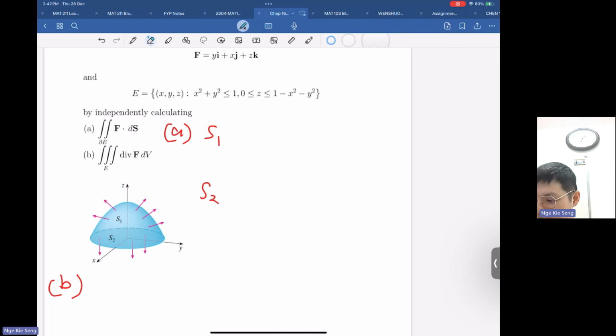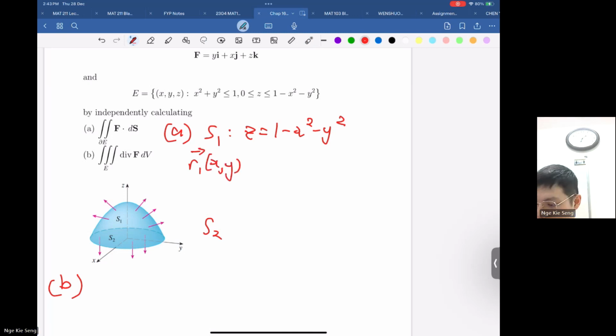So S1 satisfies z equals 1 minus x squared minus y squared. So what is my r1 here? This is a z equals f(x, y) function, right? We can simply parameterize as x, y, and then the third coordinate is 1 minus x squared minus y squared.